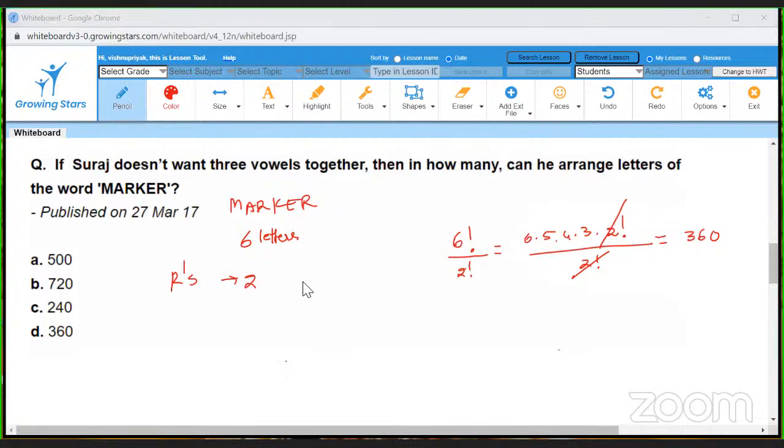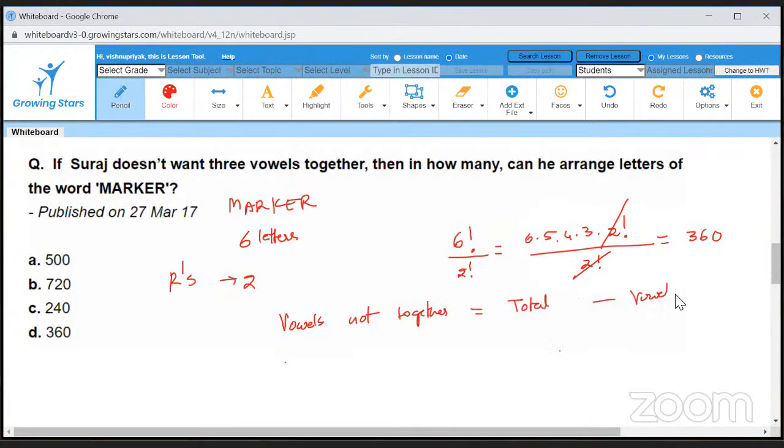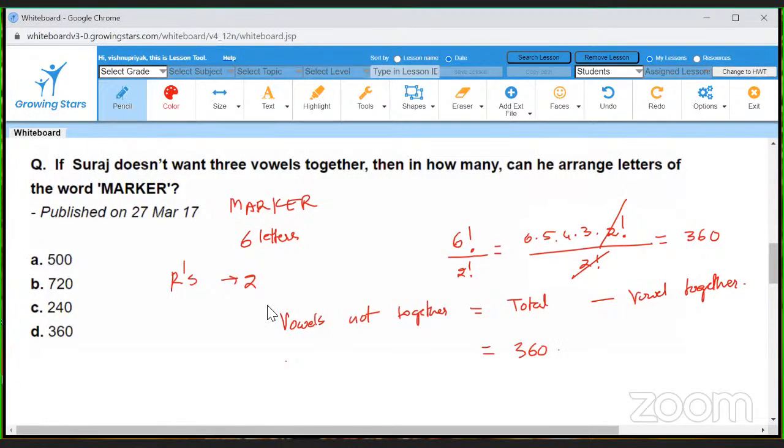Let us see. So total, if you see the marker letters, they can be arranged in 360 ways. But Suresh doesn't want the 3 vowels to be together. So vowels not together. How will you do? From total, you will subtract vowels together. So total is 360 without any condition.